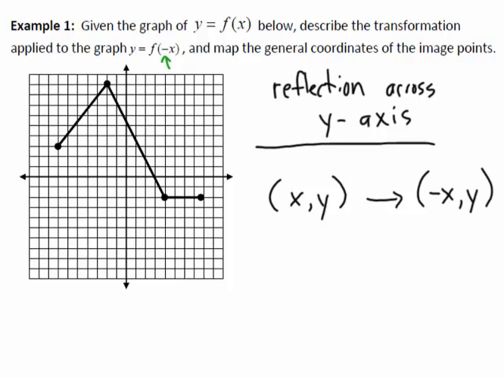Let's consider this coordinate right here, at -7 and 3. If we were to reflect that, we would put that at +7 and 3. This point would get reflected to that new coordinate. It's just moved across the axis.